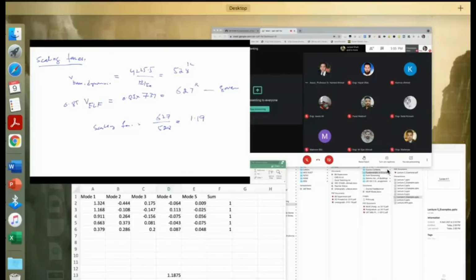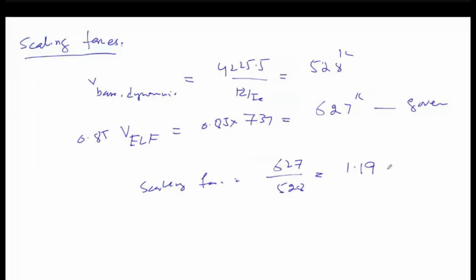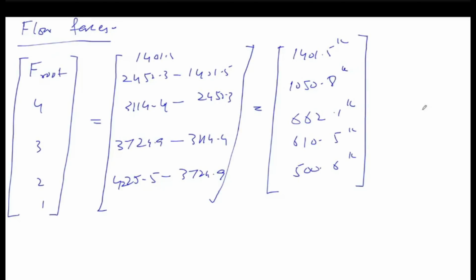Okay. 1.19. Now you will use this factor to increase the forces. So these forces that you obtain all have to be multiplied with 1.19 in order to increase them so that the total sum is equal to 627.